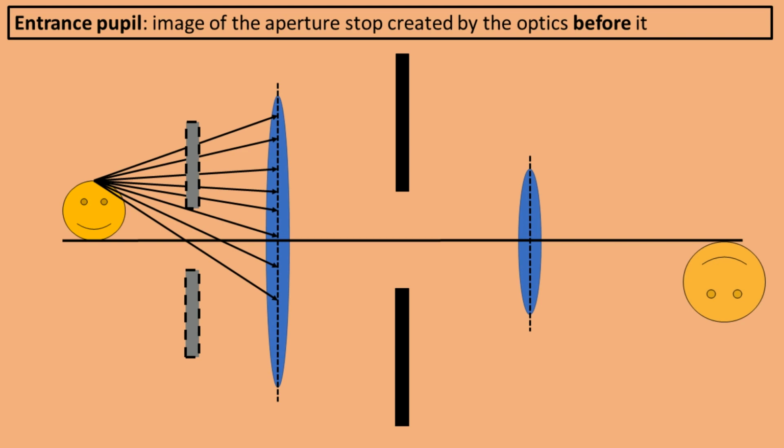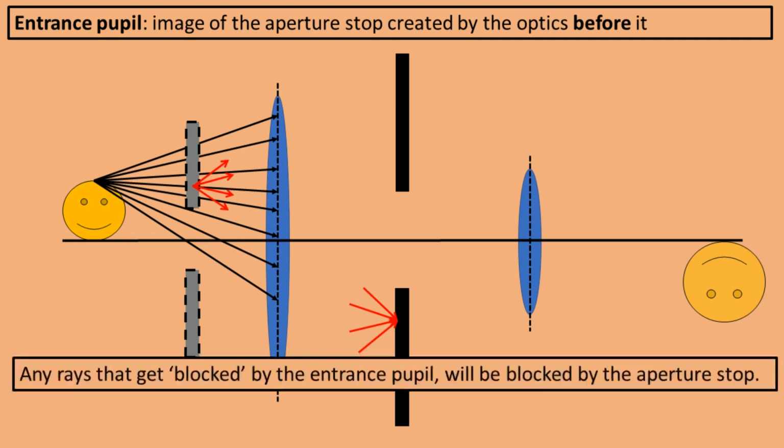It means that all the rays that leave from one point from the object end up in the same point in the image. Because of time reversal symmetry, we can also say that all rays that go through a certain point of the image of the aperture stop will go through the corresponding point of the actual aperture stop. In other words, any rays that would be blocked by the entrance pupil, if it were a physical object, will be blocked by the aperture stop.